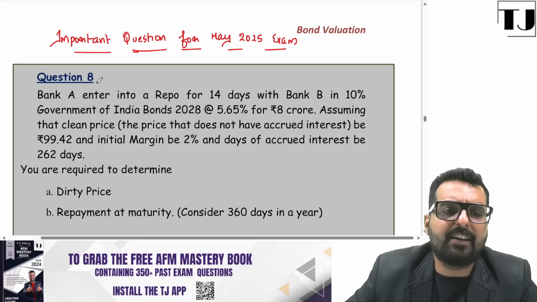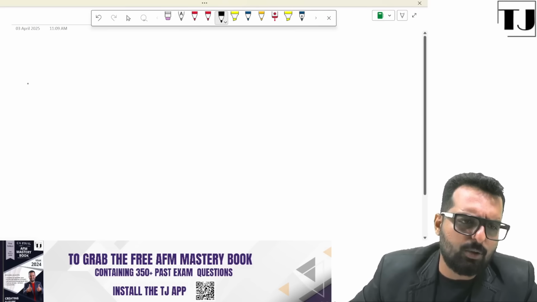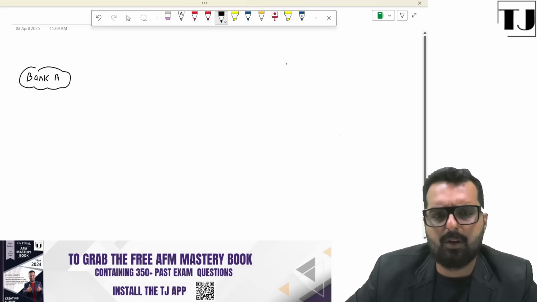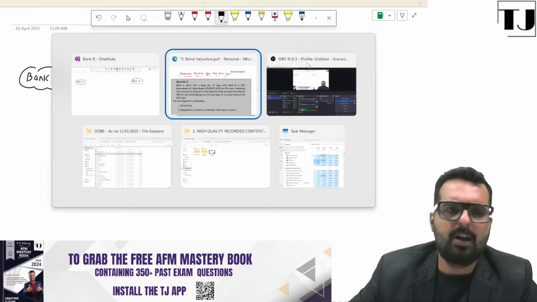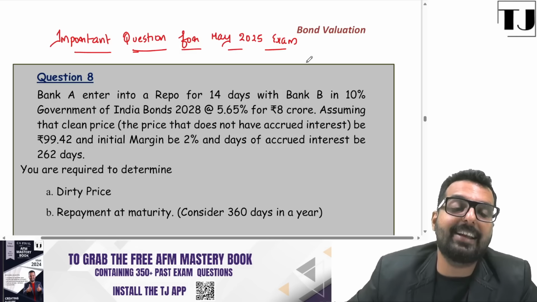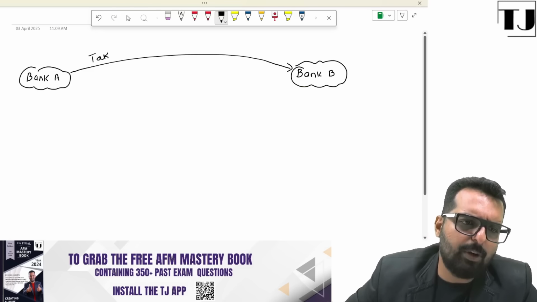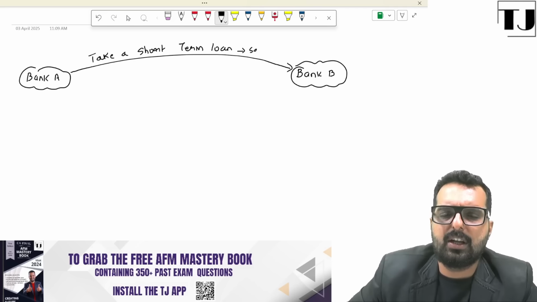Bank A enters into a repo for 14 days with Bank B. So there are two banks over here. They say bank A is entering into a repo, which ideally means that bank A is going to take a short-term loan from bank B for which the underlying security is going to be bonds.